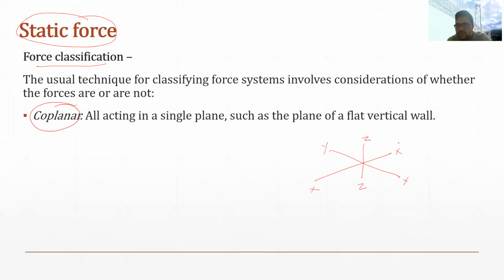For example, if we consider the z-axis as the vertical axis, and the y-axis and x-axis as the horizontal axes, and if I consider only the x and z axes and forget the y-axis, the plane will be xz, which means this one. The plane will become like this. And all the forces acting in this plane will be called coplanar forces.